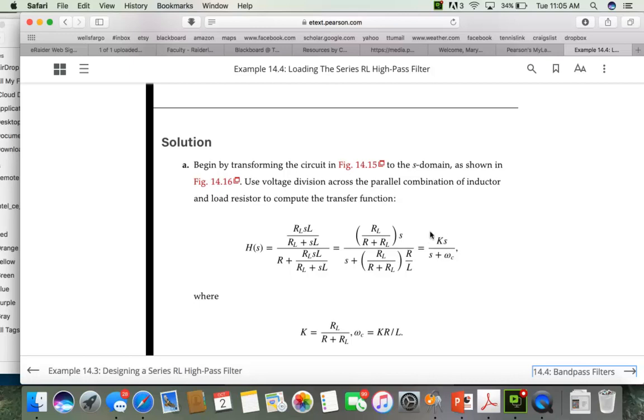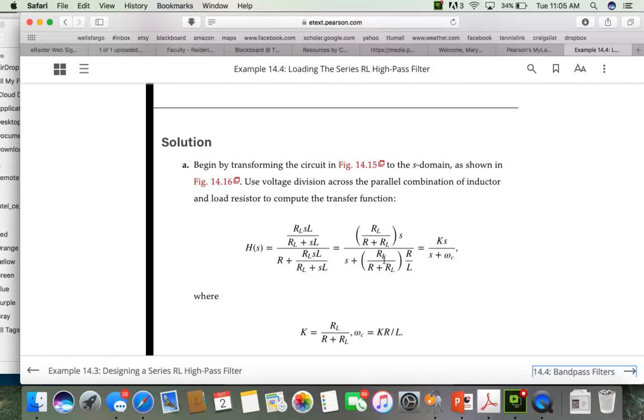First of all, in the numerator, we have this constant term K that's equal to RL over R plus RL. And the closer the load resistor gets to the resistor in the filter, the more this K impacts the total magnitude that you can have.